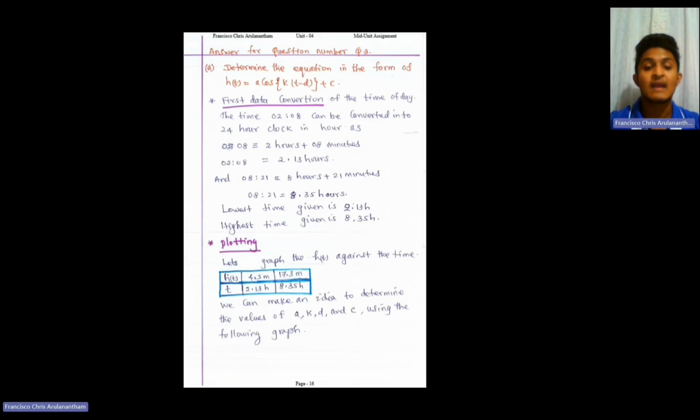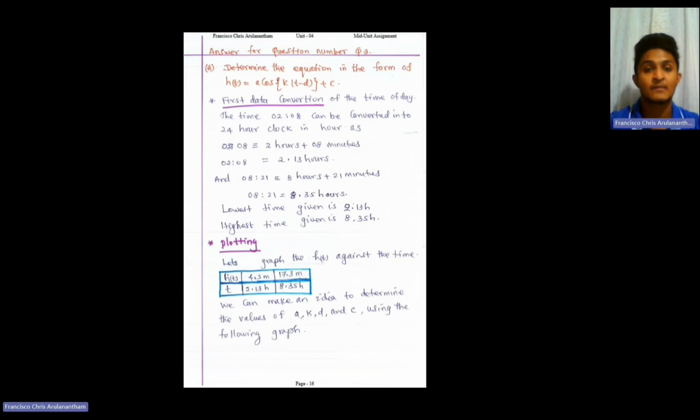And 8:21 is equivalent to 8 hours plus 21 minutes, which is equal to 8.35 hours. Therefore, the lowest time given is 2.13 hours, and the highest time given is 8.35 hours.